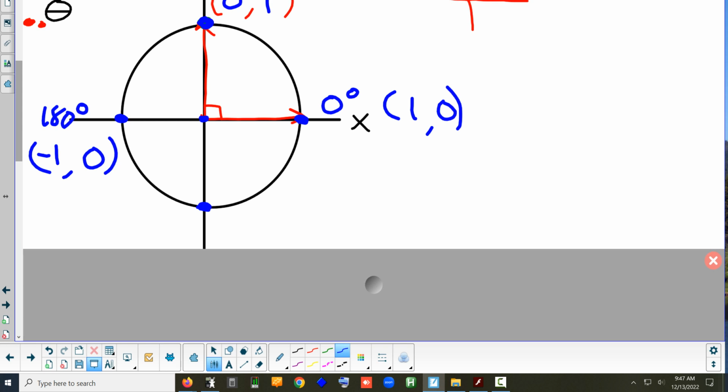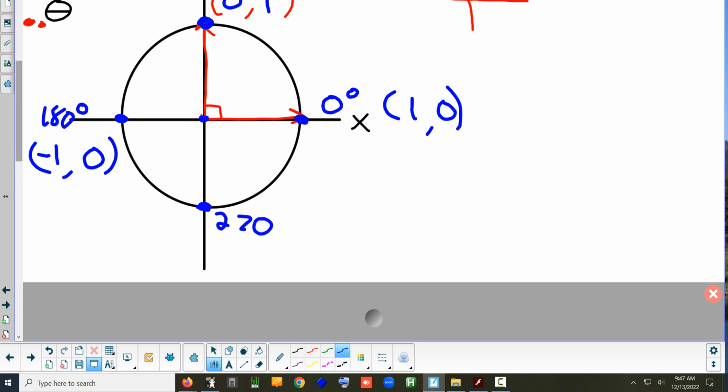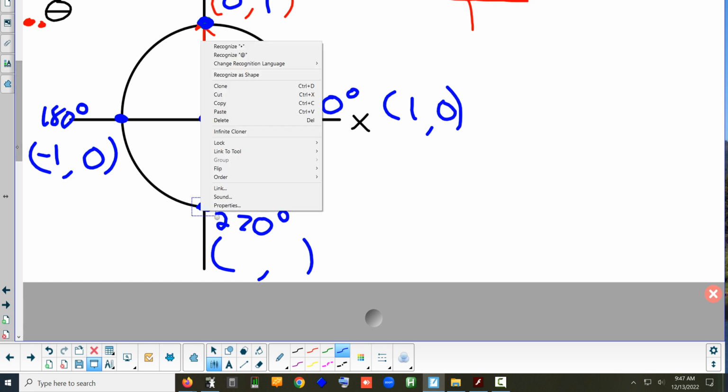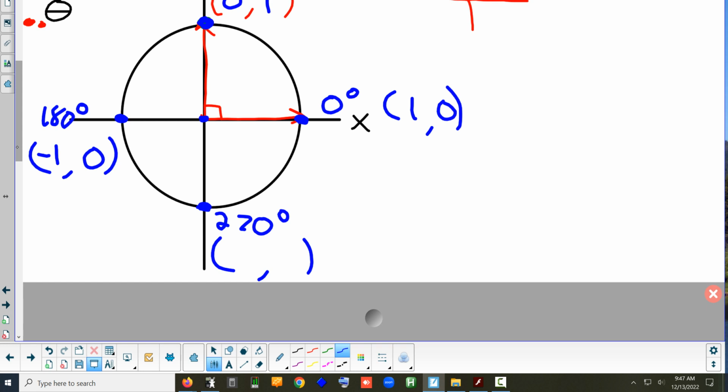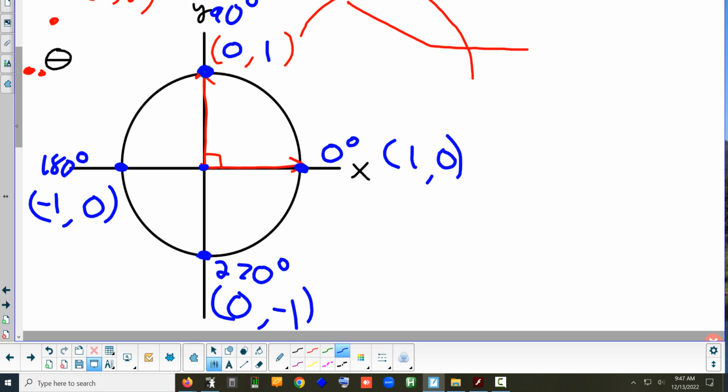Yep. 270. Good. And if I drew a 270 degree angle, the terminal side would be pointing right there. And what would be the coordinate right there? Yeah. 0, negative 1. So those are 4 coordinates that are pretty easy to find the angle for on the circle.